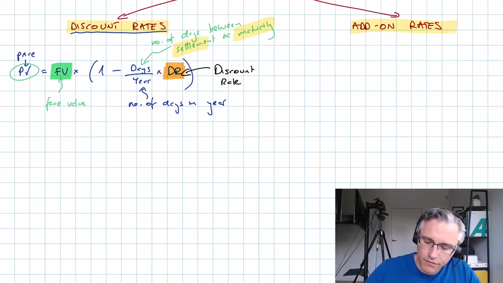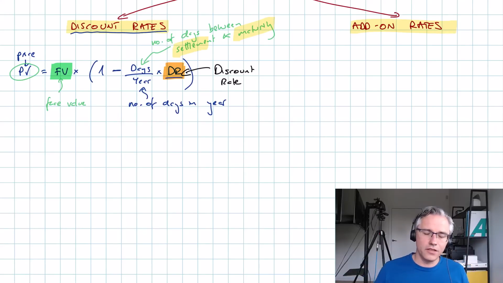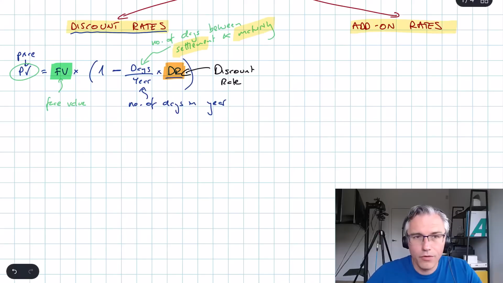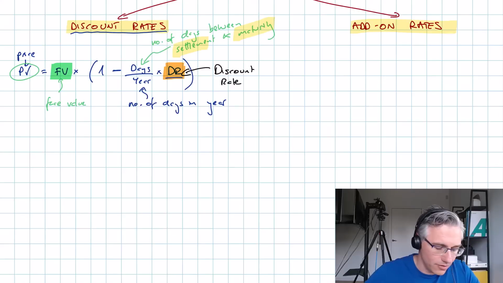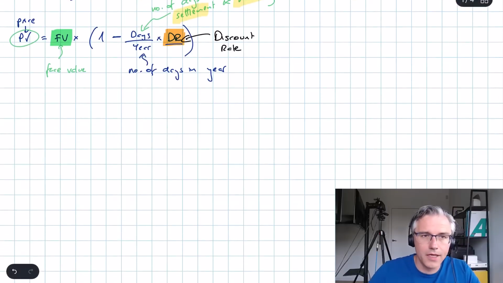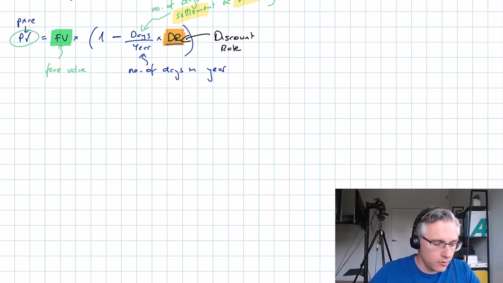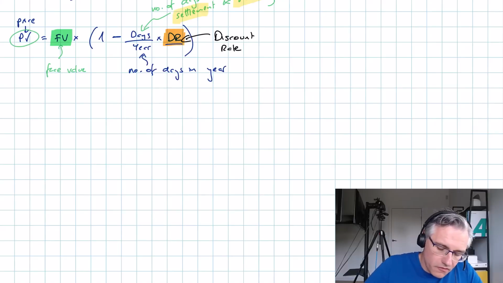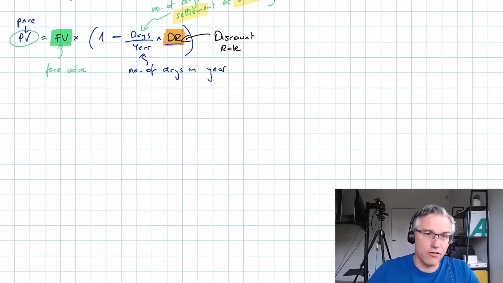It's the FV times something which includes a negative expression for the DR. So we're deducting the DR from the face value here, which is quite important because the face value is going to be our starting point, our main anchor in all of these computations.